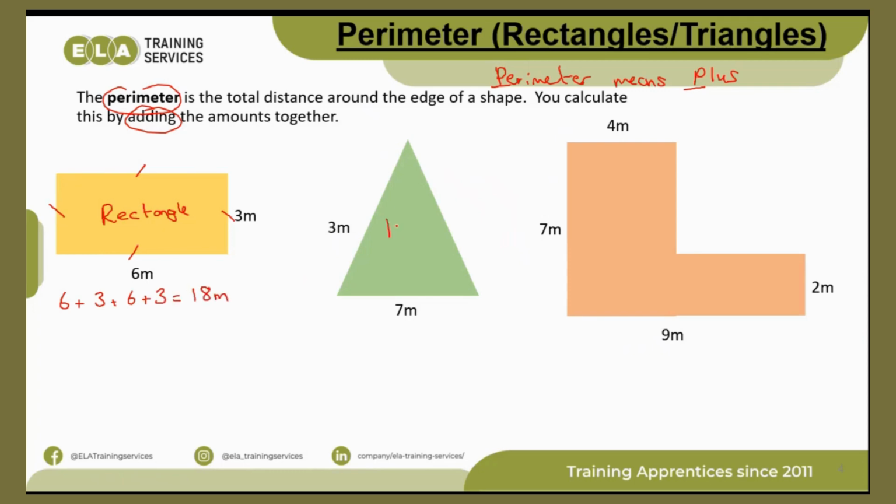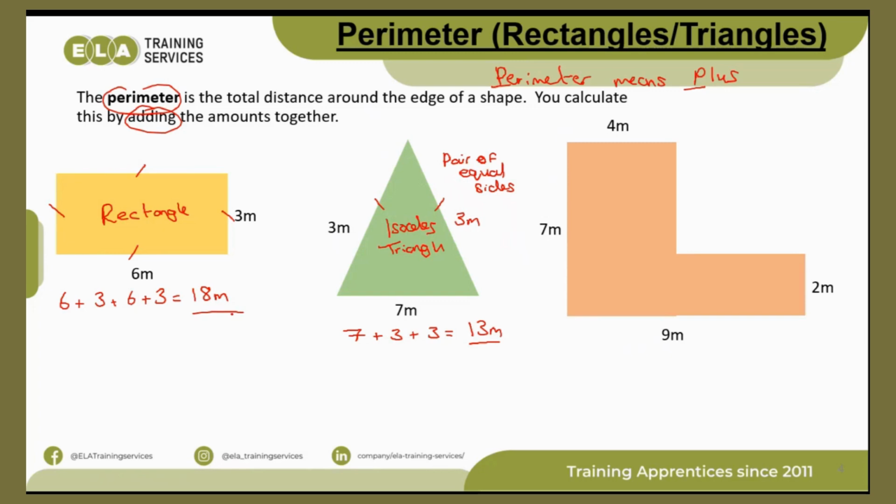Then we have what's called an isosceles triangle, and isosceles triangles have a pair of equal sides. So we then know that this side's going to be 3 metres. Add them together, 7 add 3 is then 13 metres.